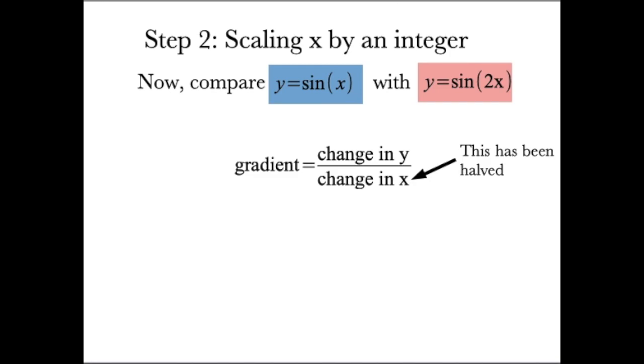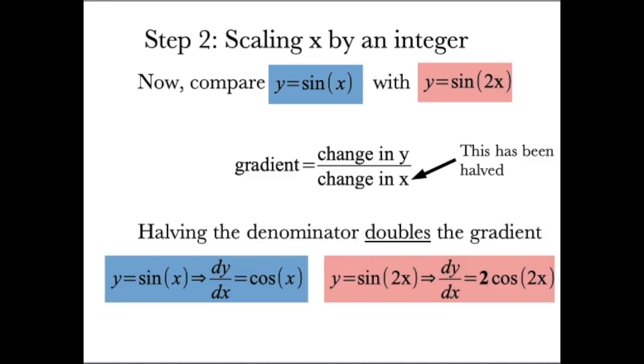So comparing the graph of y equals sine x with y equals sine 2x, we see that it's very similar, it's just been squashed in the x direction. The x direction has been halved. And so when we take our gradient, we're doing our change in y divided by change in x, and that denominator has now been halved. Now when you divide something by a half, you double your outcome.